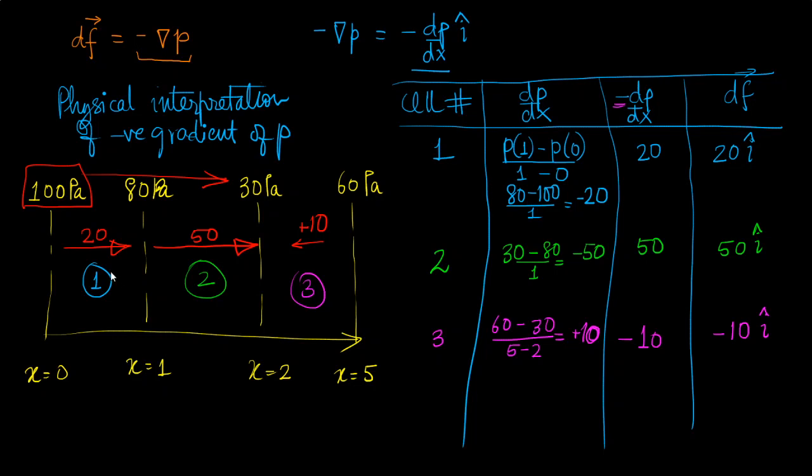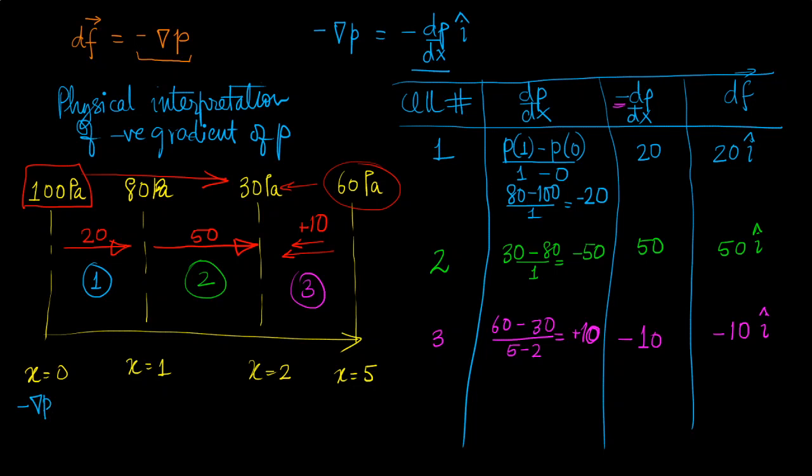And the larger the difference in pressure across space, the larger will be the force. Over here, the force is pointing in this direction, and it is the direction of decreasing pressure because we are going from 60 Pascal over here to 30 Pascal over here. So the interpretation is very clear and it is very simple.